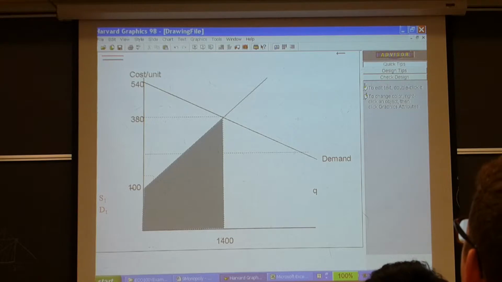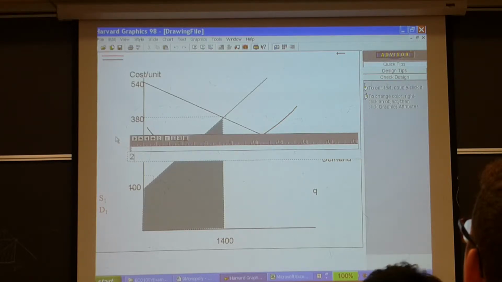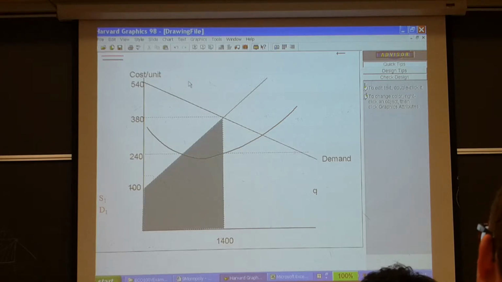This would be average variable cost. Just think about it, right? Because it's got to go through the minimum there. And then here, at 1400, it is, say, 240. I'm just working that out, okay? Just showing you what we actually can figure out from this.